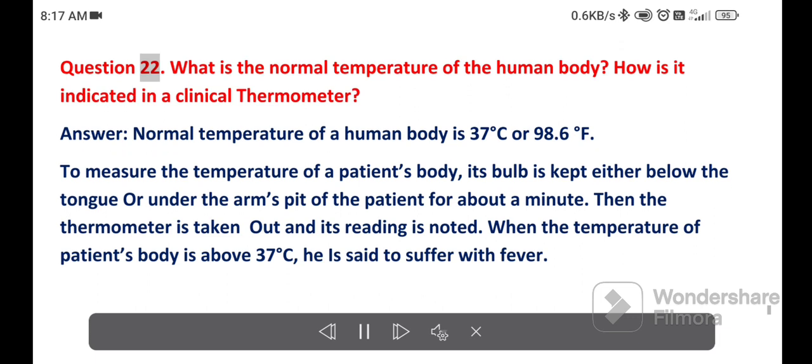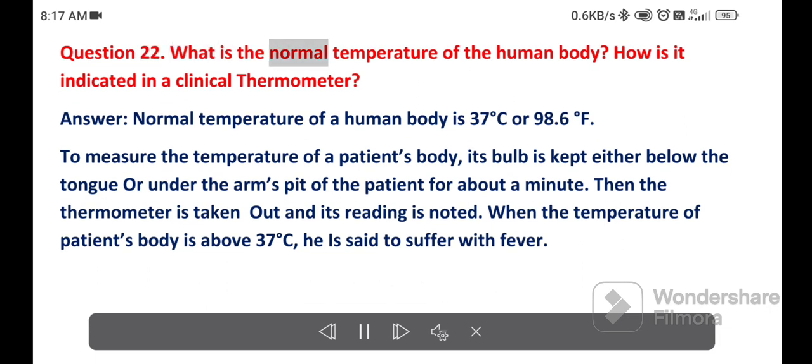Question 22. What is the normal temperature of the human body? How is it indicated in a clinical thermometer? Answer. Normal temperature of a human body is 37 degrees Celsius or 98.6 degrees Fahrenheit.